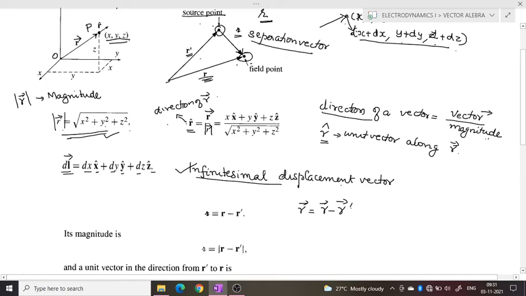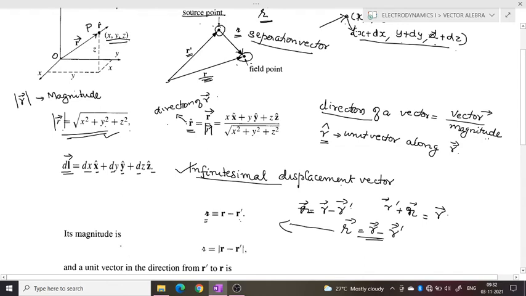This vector r dash plus the separation vector r is nothing but the position vector r of the field point. So the separation vector r is equal to the field position vector minus the source position vector.